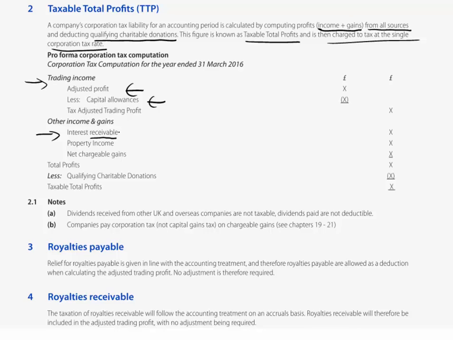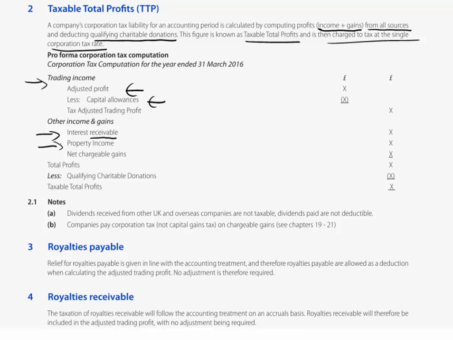When dealing with companies, the accruals basis will apply. It is interest receivable. We may also have property income, where again, we work on an accruals basis: the property income accrued less any expenses incurred during the accounting period. What you do not see, as we mentioned before, is dividend income. Interest income, yes.